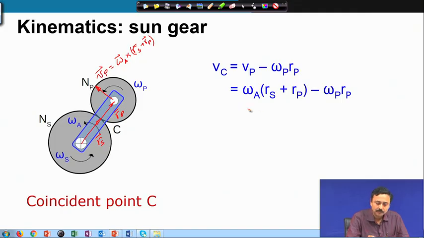Therefore, if you express the velocity of the center of the planet, it will be omega a times the sum of the radii of the sun and the planet, minus omega p r p.